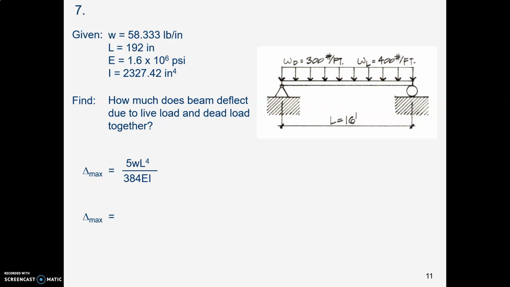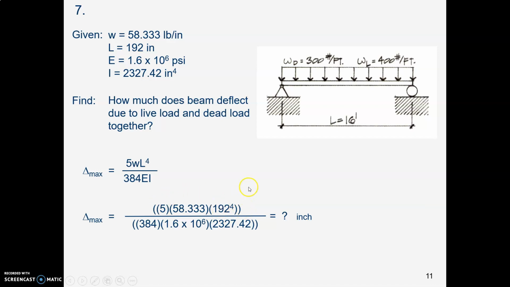And now let's just plug in those numbers. There's the 5 again. There's the distributed load altogether, 58 1/3. There's the length in inches, 192 to the 4th. And I've put all that in parentheses because I'm more comfortable doing that.